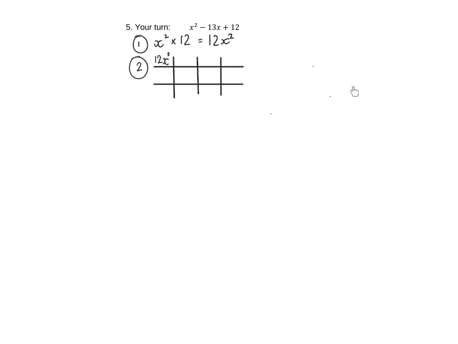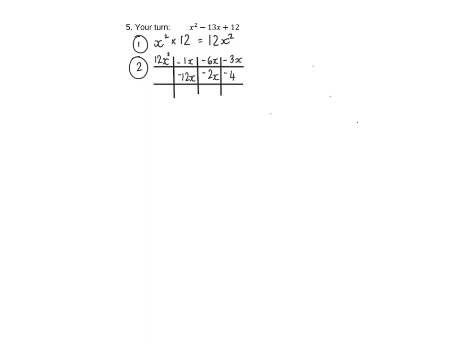But what you have to realize is the middle term, once again, is negative. So the factors have to be negative all around if I want to have a negative sum at the end. So they would, of course, once again be 1 times 12, 6 times 2, and 3 times 4. And then x times x would give you the x squared every single time.